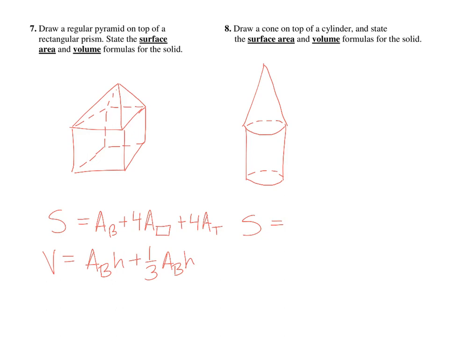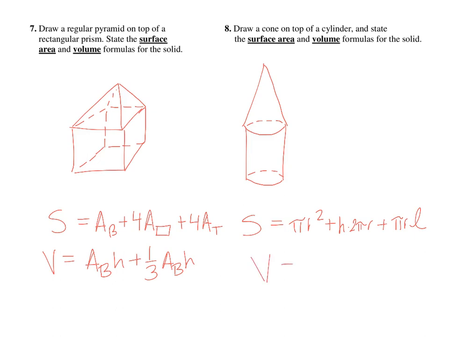Now for a cylinder, it has a top and bottom circle, but I can only touch the bottom circle. So that's pi r squared. Then I have plus the lateral area of the cylinder, which is h times 2 pi r. And then there's the formula for the cone. Now I can't touch the bottom of the cone, so I'm not going to incorporate pi r squared, only the lateral area. What's the lateral area formula for a cone? Pi r L.